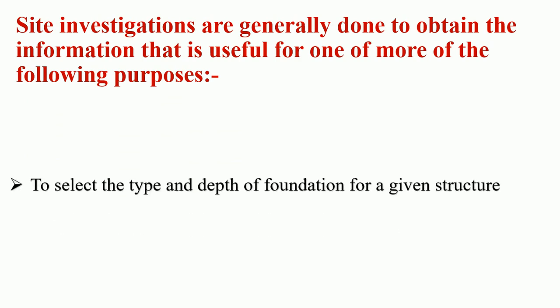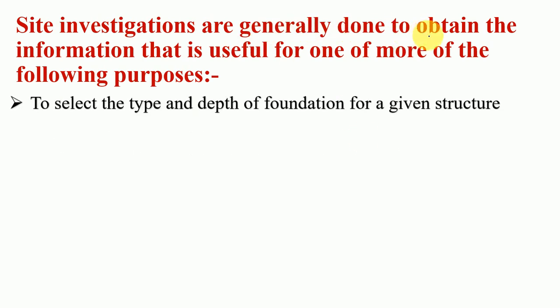Therefore site investigations are generally done to obtain information that is useful for one or more of the following purposes: to select the type and depth of the foundation. Type means whether we go for shallow foundations, deep foundations, pile foundations or well foundations.